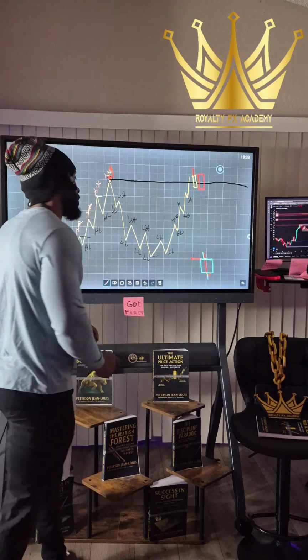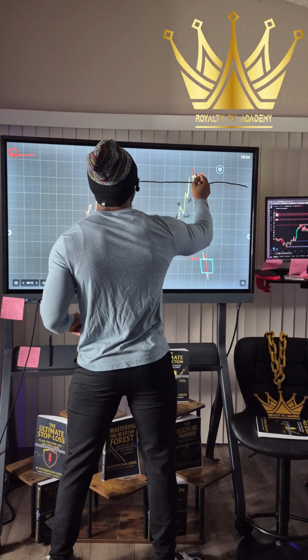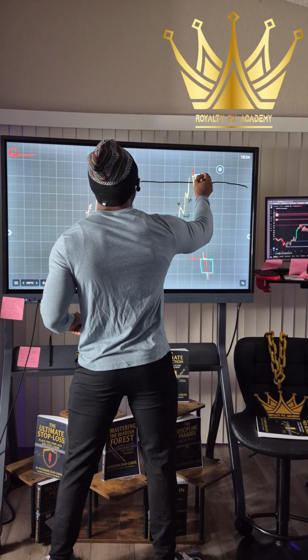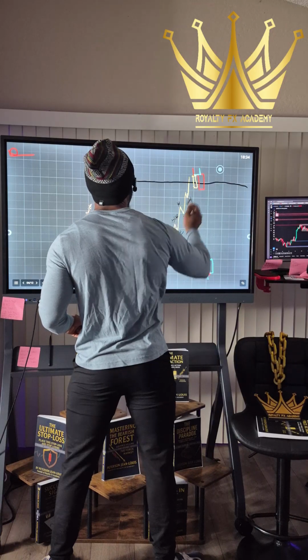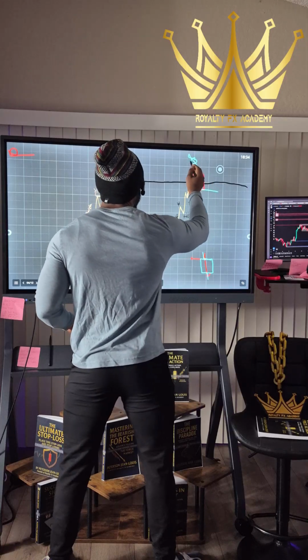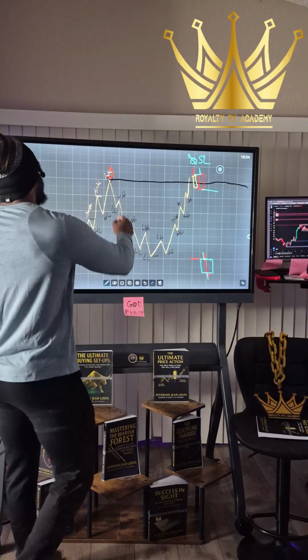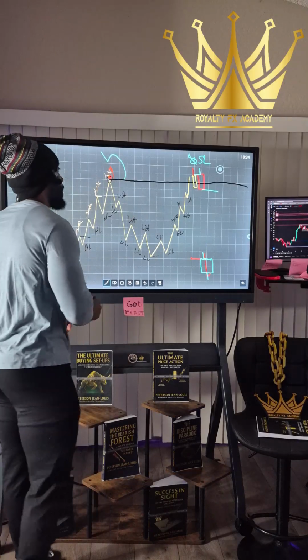So what I'm saying is when it opens, it went up to come back down to start that. So when you do enter, you will look at the wick high, whichever one of them is high, to place your stop loss. But you always look to the left.